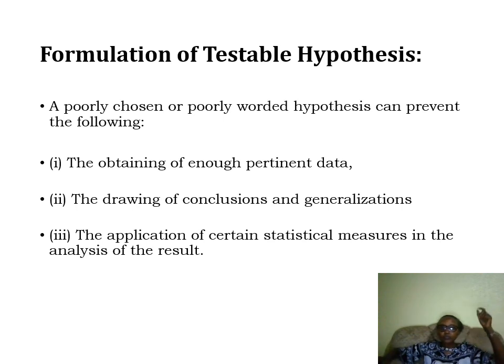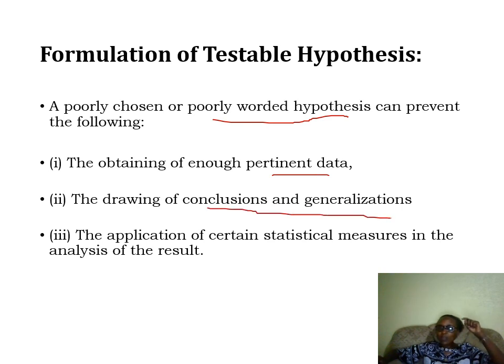So it can be poorly worded. That's one of the ways. It can be poorly worded and can prevent you from generating enough data. And if we fail to generate enough data, we fail to make conclusions and make generalizations. And that's one of the key things about quantitative research. We need to make some kind of generalization.